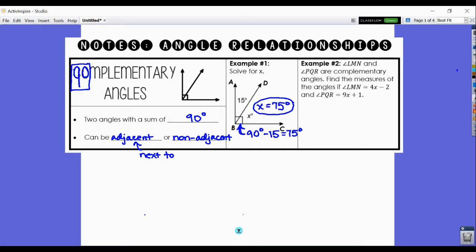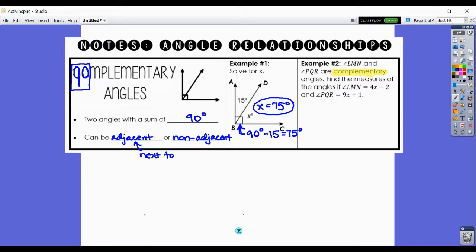In example number 2, we have angle LMN and angle PQR are complementary. So right away, I can highlight that word because I know I'm going to use it. Remember, complementary means they sum up to 90. Find the measures of the angles if angle LMN equals 4x minus 2 and angle PQR equals 9x plus 1.